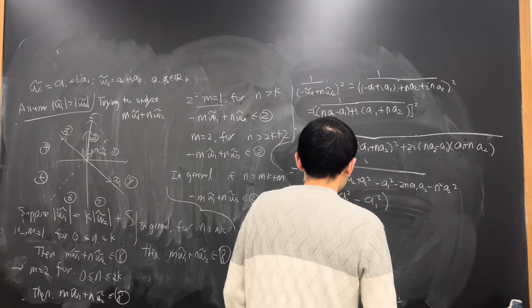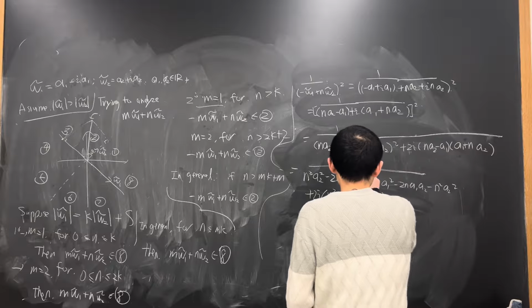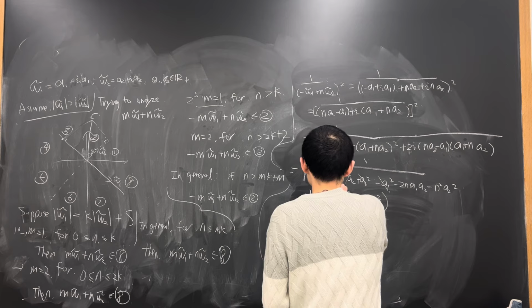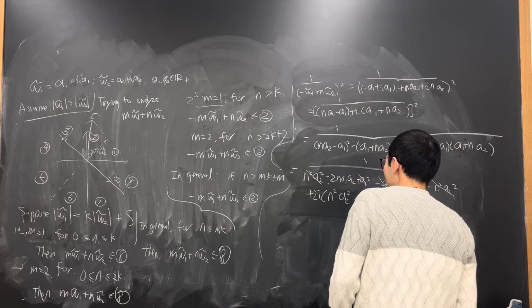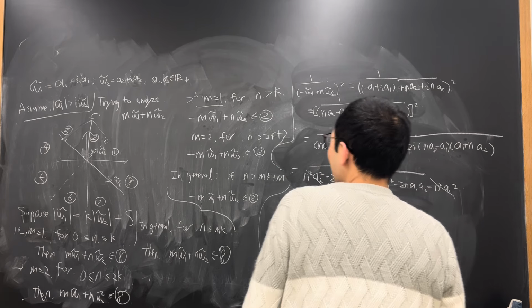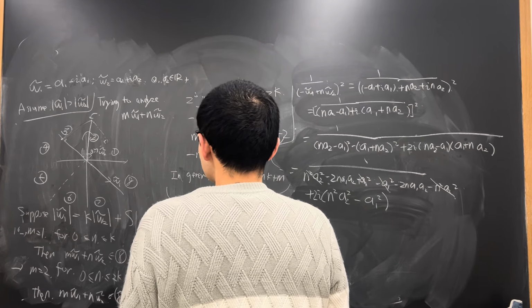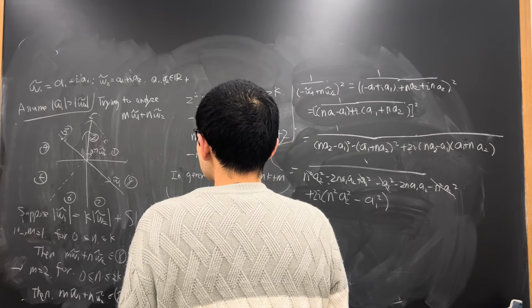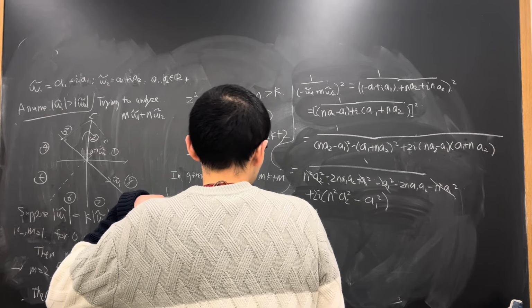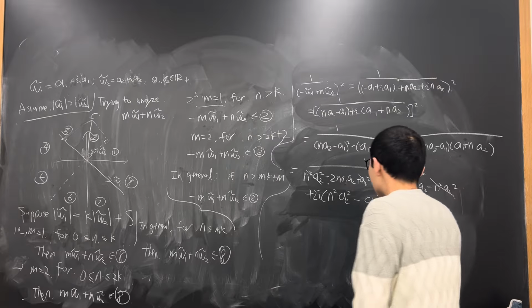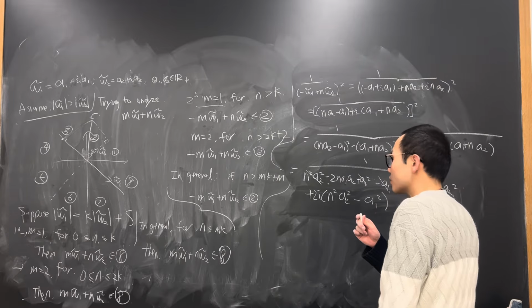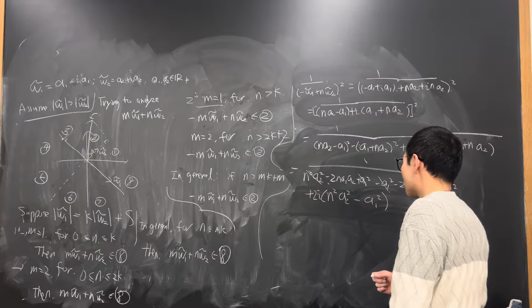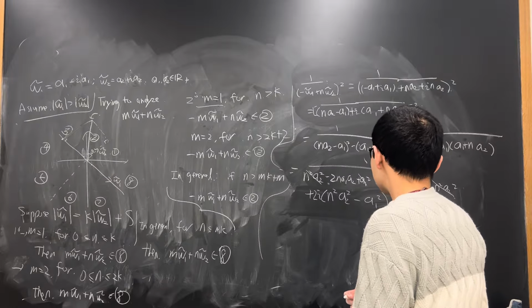So let's look at this one. This A1 squared is being cancelled out, and this n squared A2 squared is being cancelled out. So what's left is just the rest. It makes sense because it lies in the third quadrant. So again, this guy should be something negative, right?